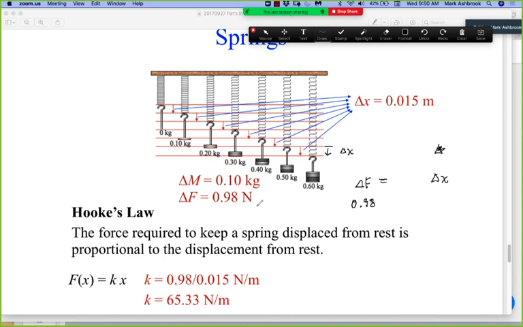In this case, if you change the spring by 0.015 meters, there's going to be an additional 0.98 newtons required, because for this particular spring, 0.1 more kilograms of mass will stretch it 0.015 meters, and that's an additional force of 0.98 newtons.